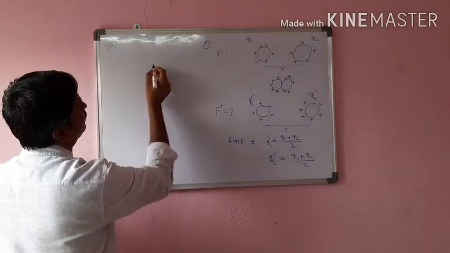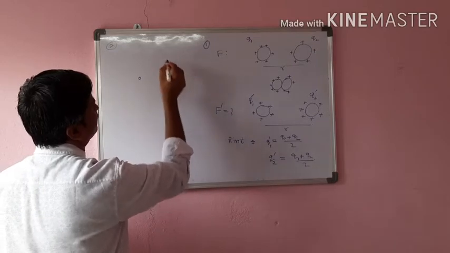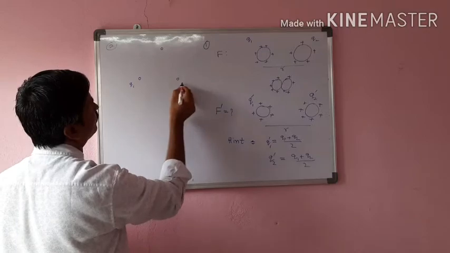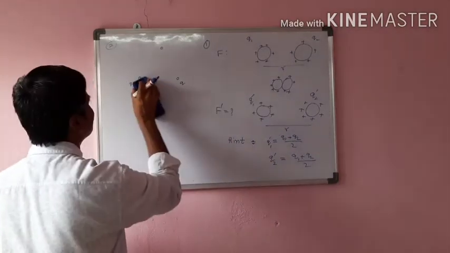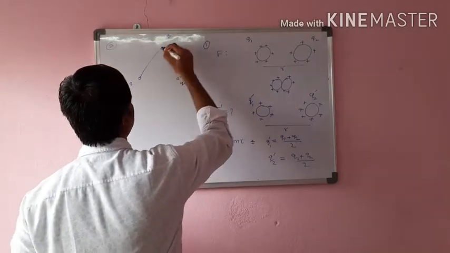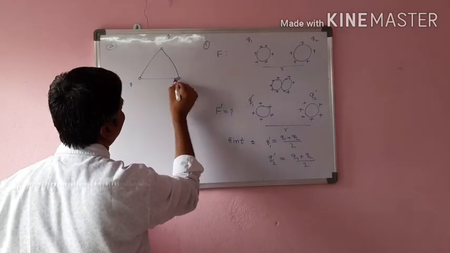Suppose 3 charges of equal magnitude Q, let us say this is Q and this is also Q and this is also Q, are placed on the vertices of an equilateral triangle.